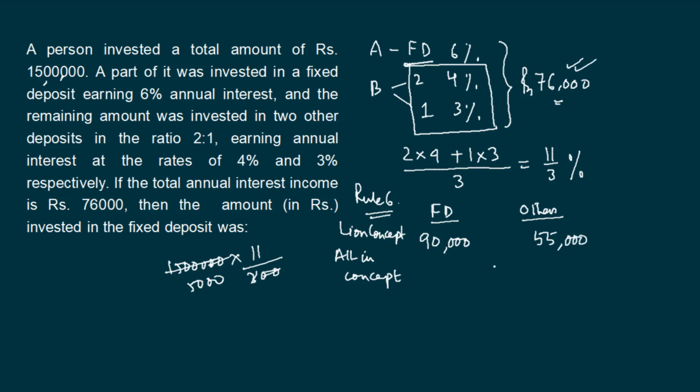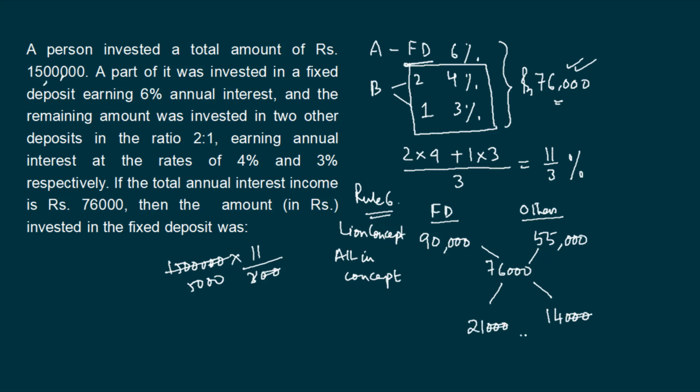But how much is the interest income? 76,000. So based on these three, if I use my butterfly alligation concept, the ratio I get would be the ratio of the money invested in fixed deposits and other categories, that is type B. 90 minus 76 gives me 14,000, and 76 minus 55 gives me 21,000.